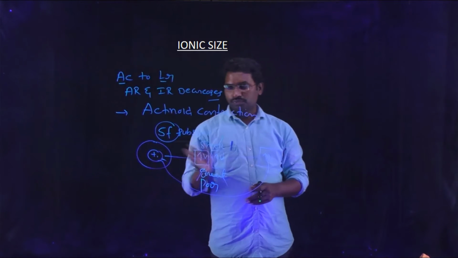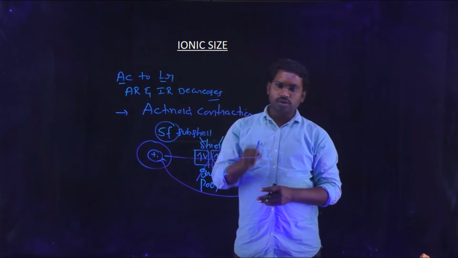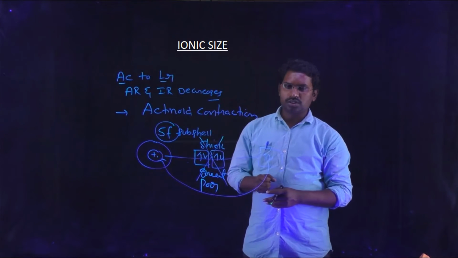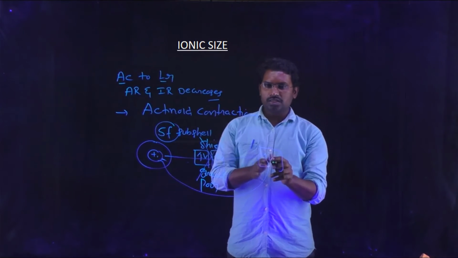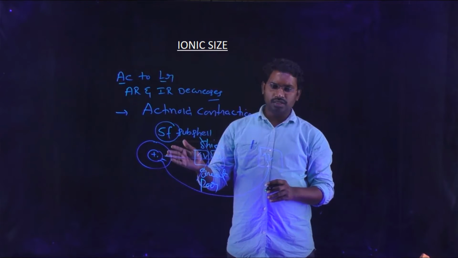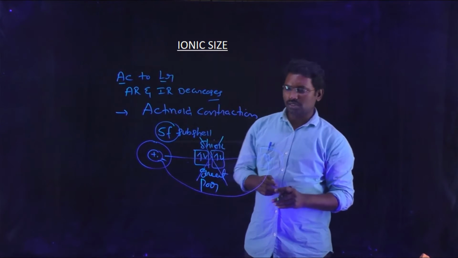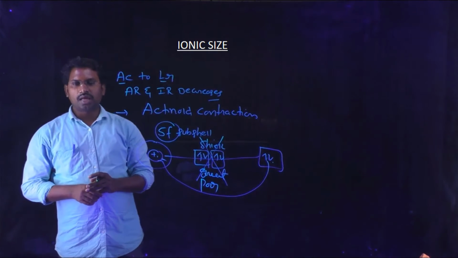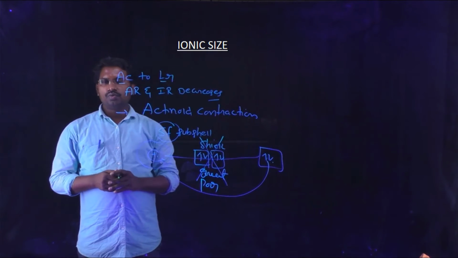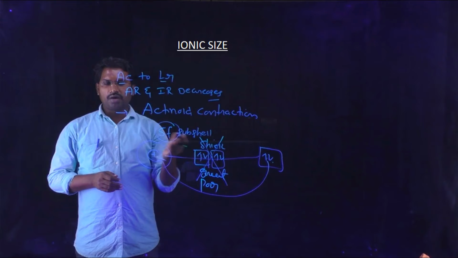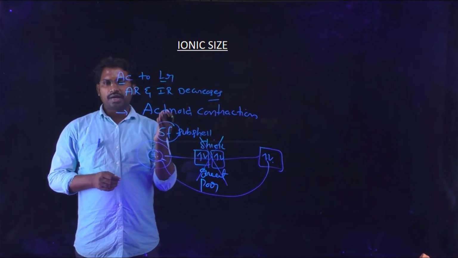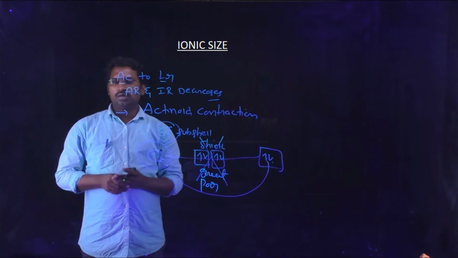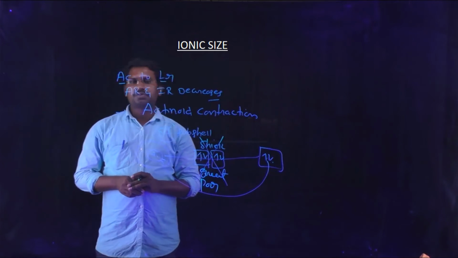That's why the nucleus always pulls the valence electrons towards itself, and automatically the size of the actinoids decreases. That is known as the actinoid contraction, like the lanthanoid contraction which occurs in 4f series elements. In 5f series elements also, the actinoid contraction takes place due to the poor shielding effect of the 5f subshell.